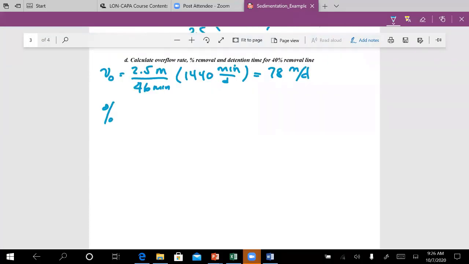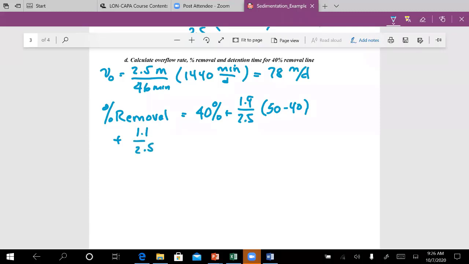So the percent removal here is equal to 40% because we're using the 40% line, plus, same procedure, take that midpoint divided by the depth times 50 minus 40, the difference between the two iso concentration lines, plus 1.1 over 2.5 times 60 minus 50, plus 0.75 divided by 2.5.